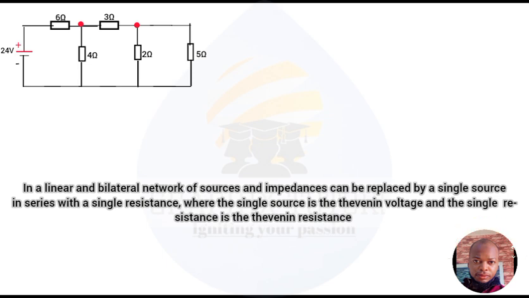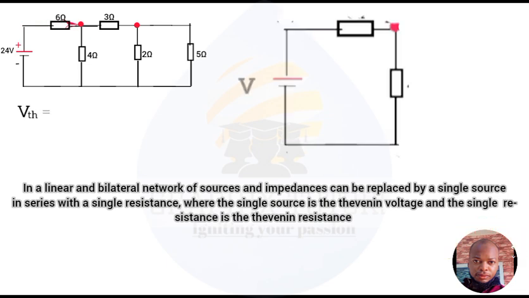To cut the long story short, what this is telling us mathematically is that the Thevenin voltage is equal to the current flowing through the investigating resistor, which we will call I sub L, and the resistances which are in series: the Thevenin resistance, and what? The R load. The R load is the resistor that we are investigating.